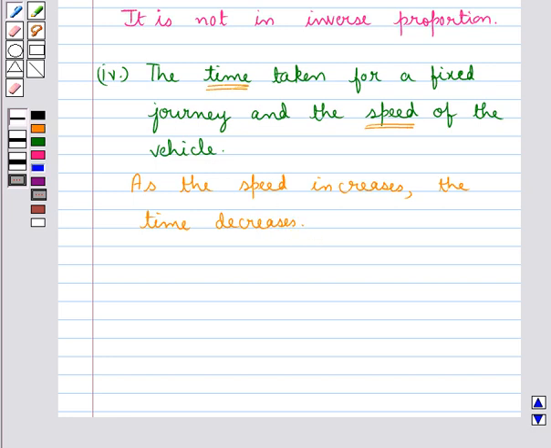Thus, here we have if one quantity increases, the other decreases, and if one quantity decreases, the other increases. Hence, according to the key idea, we say that it is in inverse proportion.